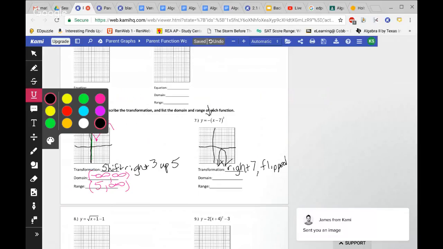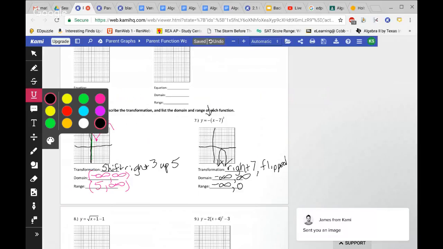So the domain is going to stay the same, negative infinity to infinity, but my range will actually be negative infinity to 0.